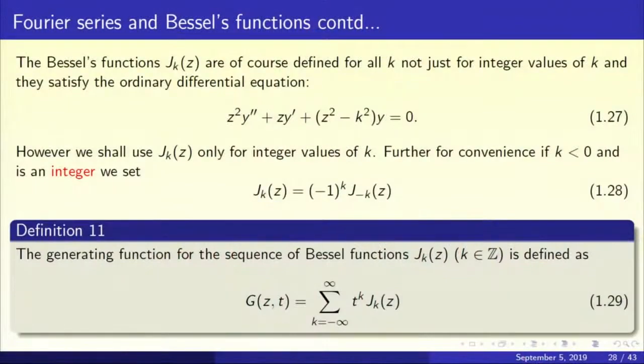That's a generating function. Of course, it's not very clear that the series converges. It is not difficult to show that the series converges. The fact that the series converges for all t not equal to 0 is left as an exercise.